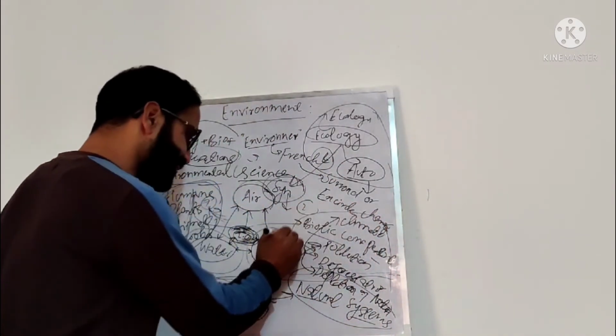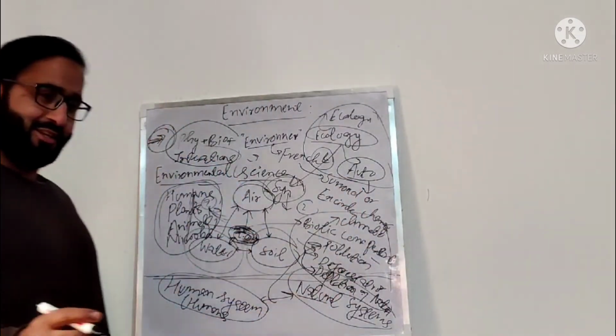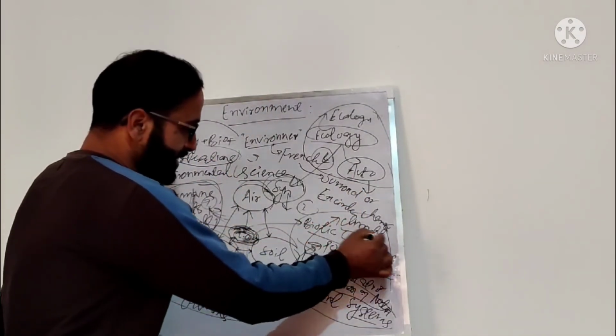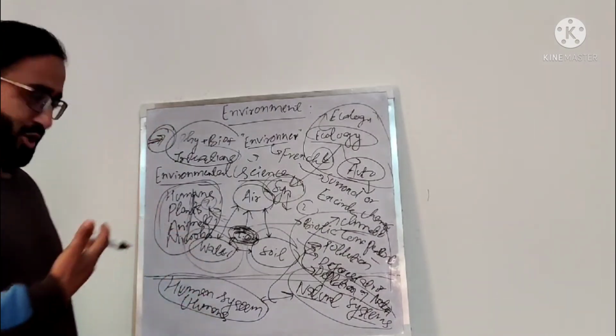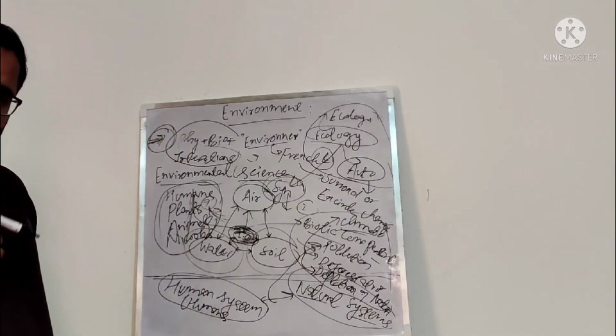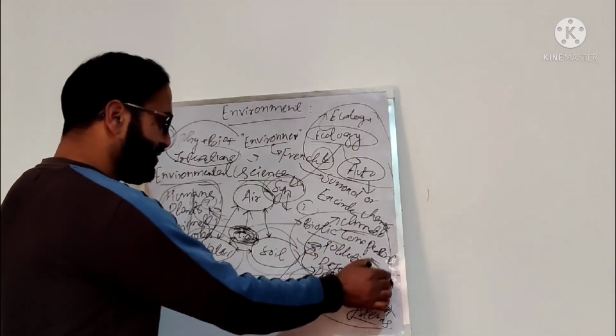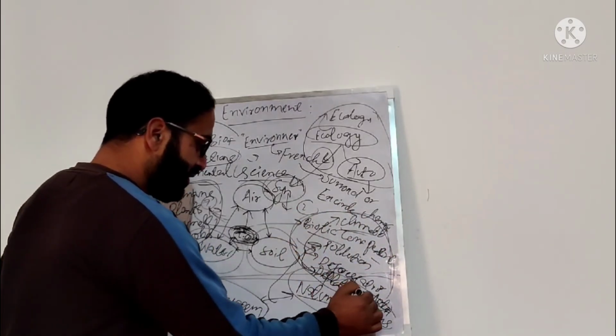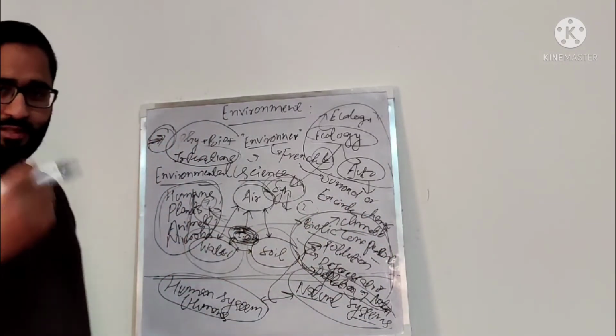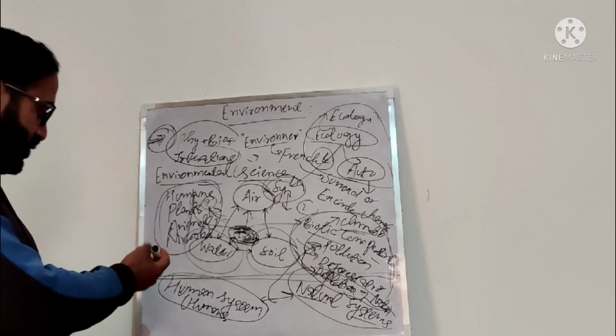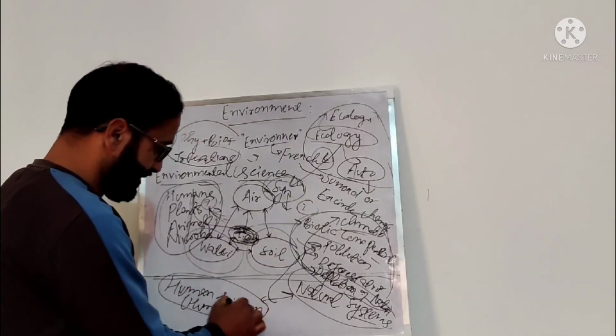And what environmental science does is study all these issues. All these things come under environmental science. We are trying to alleviate these problems which are caused by human beings or human systems.